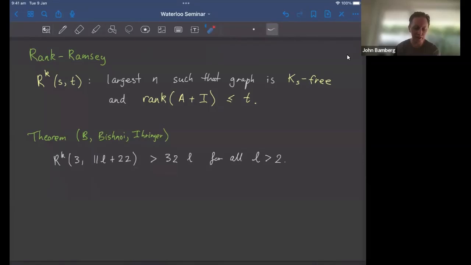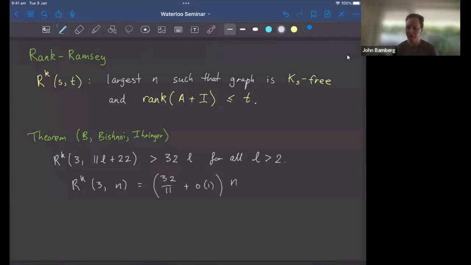So this is roughly, in other words, if you write this another way, let me get this right, 32 over 11, if that's right, plus little o of 1. Have I got that right? Something like that. Okay, so if we write in this form, the previous best example was, what was it?